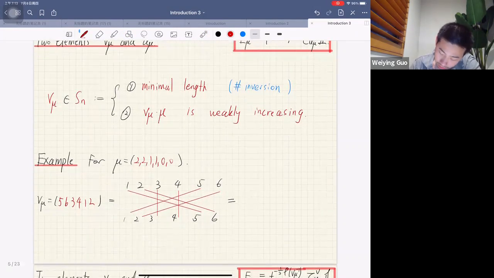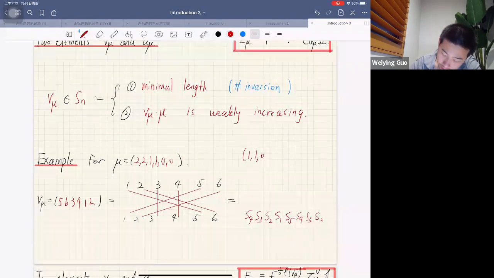And we can also do this with the simple transpositions, which is basically s2, s3, s4, s5, and then we apply a series s1, s2, s3, s4. Now we arrive at the sequence 1, 1, 0, 0, 2, 2, and then we have to switch 1 to the 4th, so we'll get s2, s3, and then s1, s2.